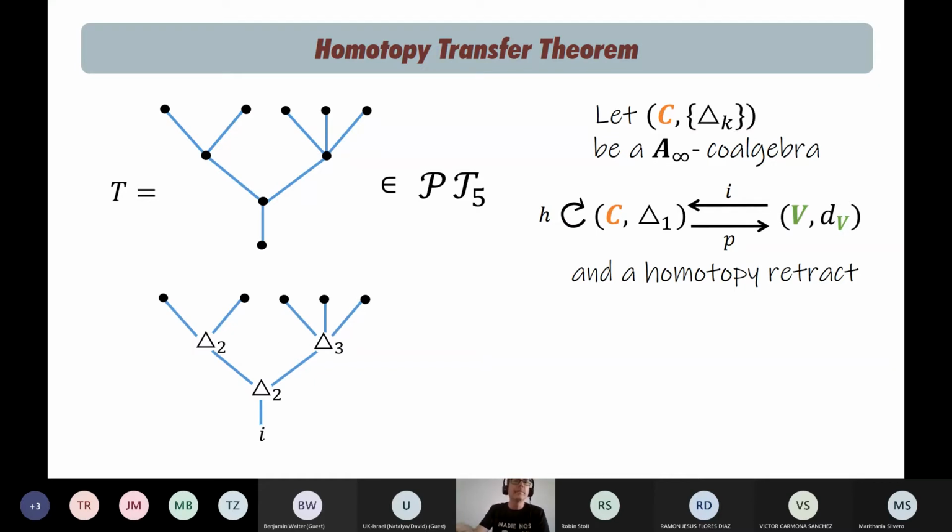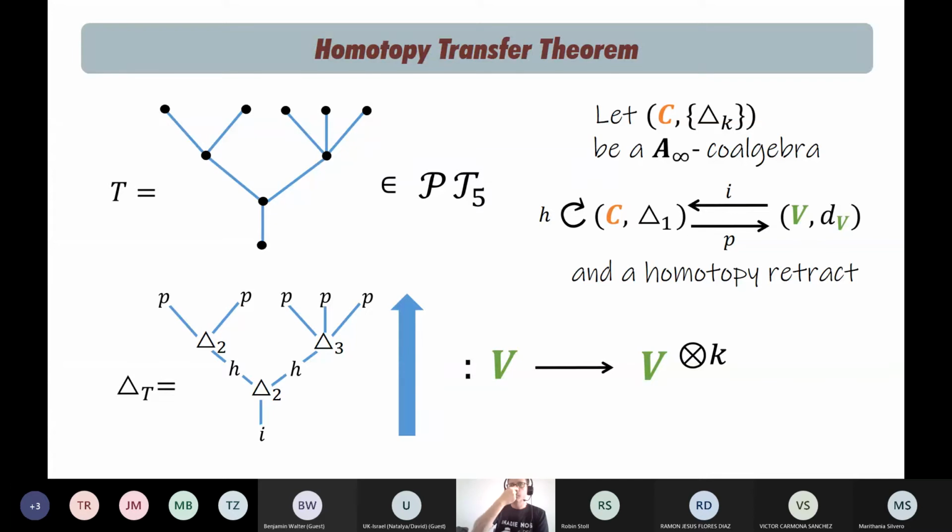We label the root of this tree by I and the leaves with P. So we read now this tree, and the internal edges by the homotopy, from the bottom to the top. And this gives a linear map from V to V times K.